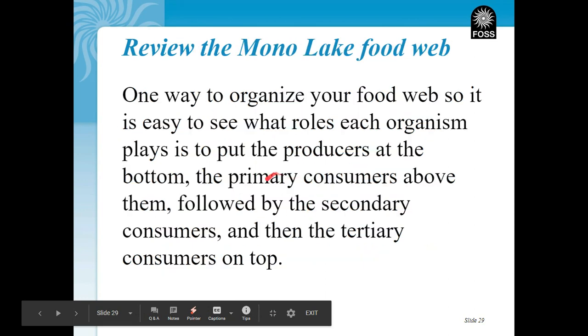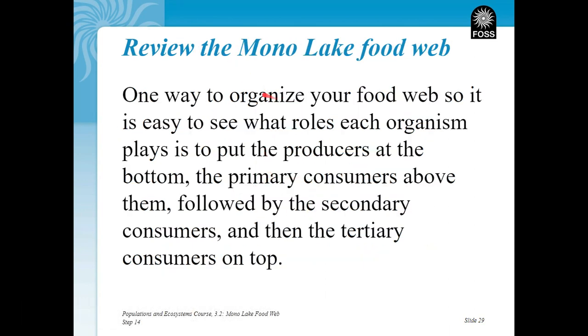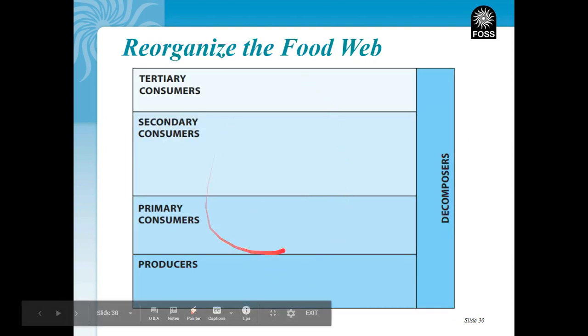So what I'm going to ask you to do is to go back to your food web and look at the roles. A nice way to do that is you can organize them. I'm not going to have you draw them, I'm going to have you do it electronically, but it helps make your food webs a little bit more organized to have producers at the bottom, then your primary consumers in the next level, secondary consumers, and so on. Think about if you were to have levels like this and you wrote your organisms where they belonged, it's a nice way to organize and separate your food webs.